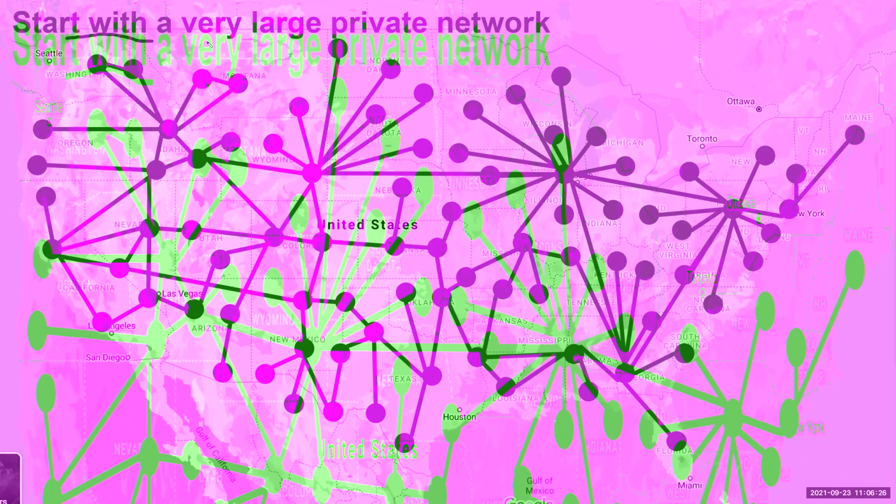The assumption is that you start with a very large private network. Emphasis on private. Theoretically, you could build this over the internet, but then you really wouldn't be doing slicing, because slicing requires that you have control of the entire network, all the way down to the routers and switches.